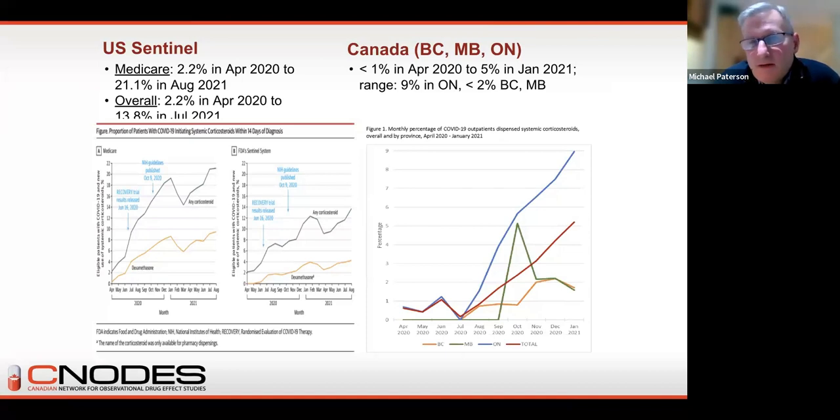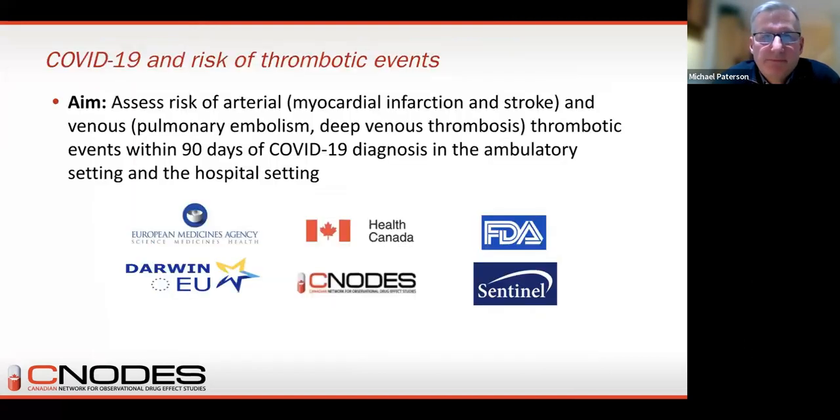We contrast that with the right-hand panel in Canada, where by early 2021 in Ontario, which is largely seniors, we reached a peak of about 9% of patients receiving a steroid prescription within 14 days. And contrast that with the other two provinces that were involved, BC and Manitoba, where the rates were around 2% at peak. Next slide, please.